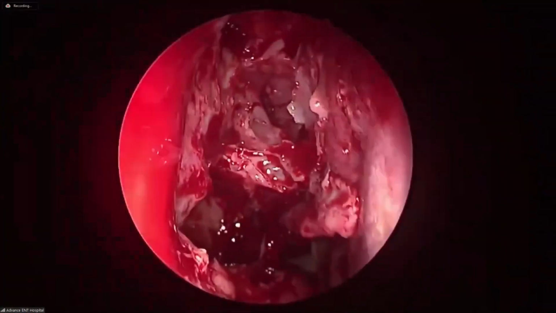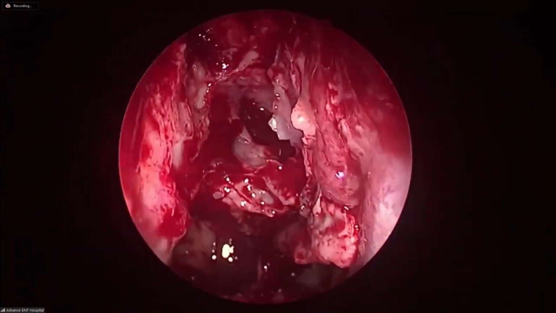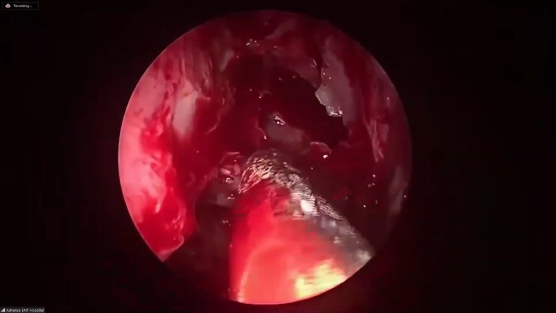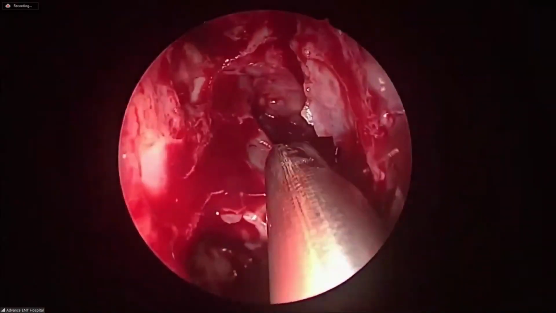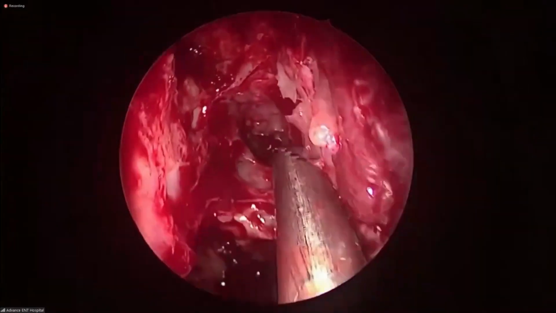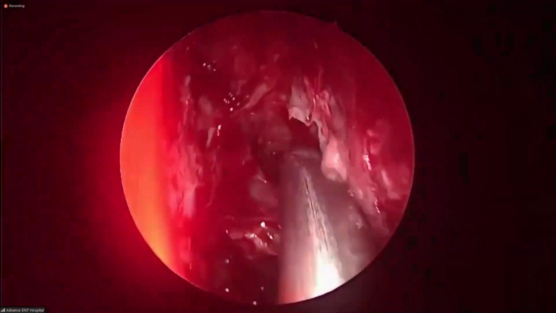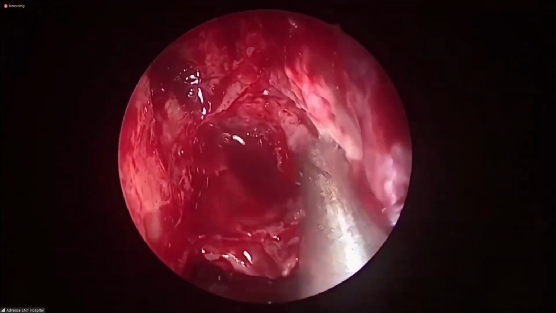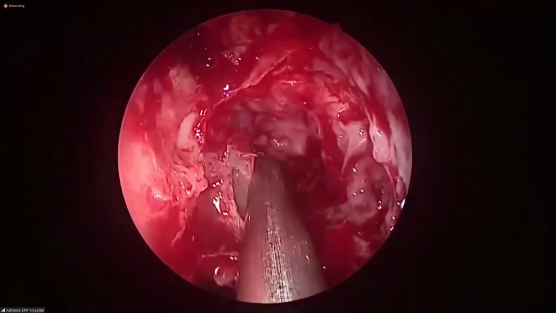See the roof of maxilla? Pretty clear? Hello? Hello, sir. Yes. So you've cleared the medial orbital angle, sir. Yes. Cleared. Yes.